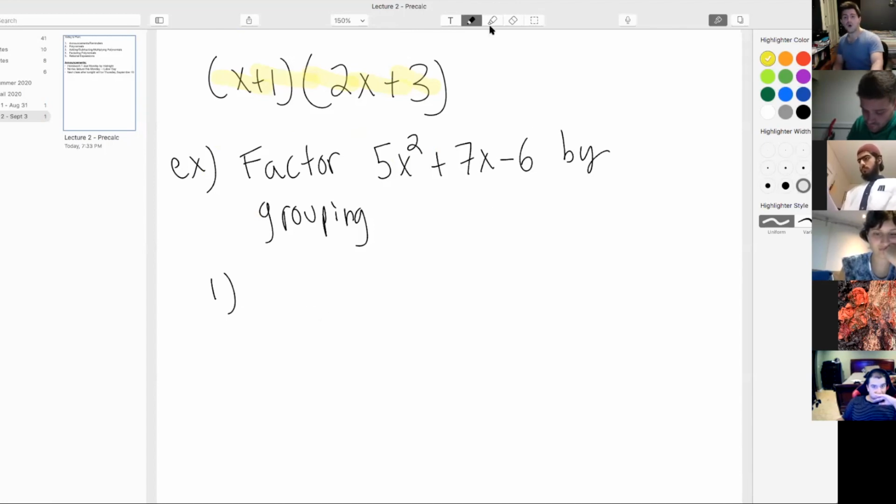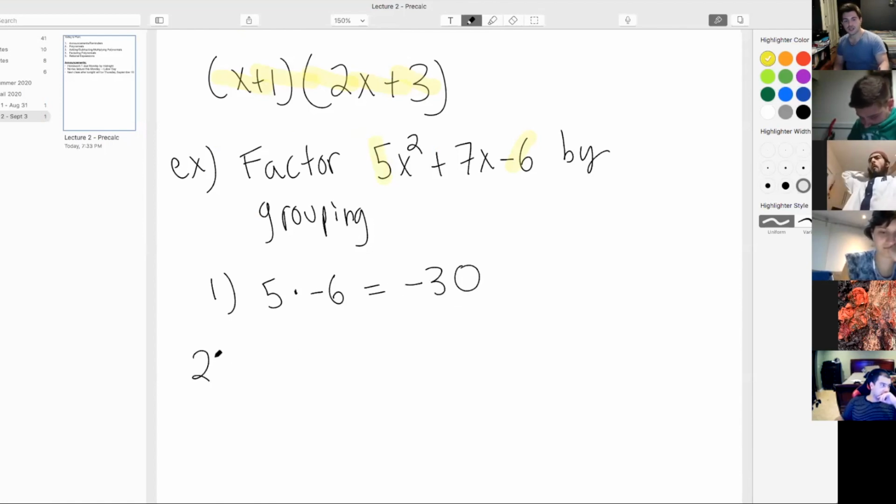So step 1 was to multiply the leading coefficient by the constant term. So that will be 5 times negative 6, which gives us negative 30. Good, next, we want to find two numbers that multiply to negative 30 and add to 7.